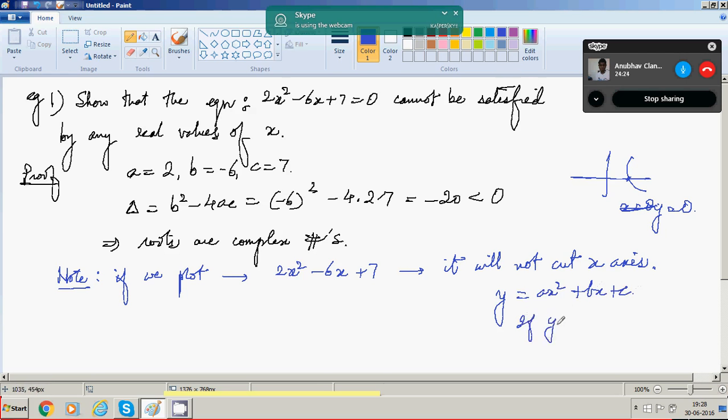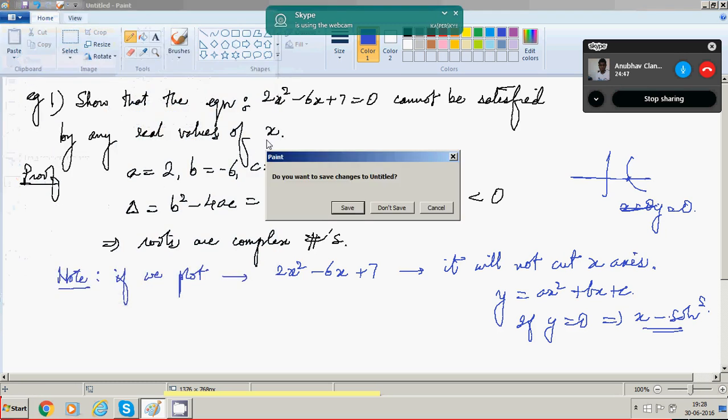If y equal to 0 somewhere, those x coordinates are the solutions. But in this case, when the discriminant is negative, the solutions are complex, so the graph will not cut the x-axis. Yes, sir.